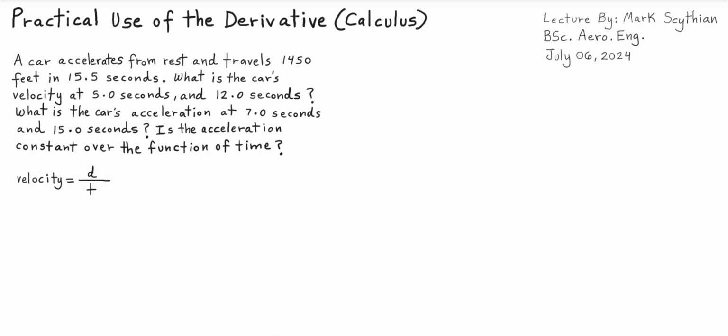So the first step is to define what velocity is. It is a speed in a certain direction, and that speed is the distance displaced over a period of time, or d divided by t. Then defining acceleration, delta v, or the change in velocity, so the final velocity minus the initial velocity, divided into time.